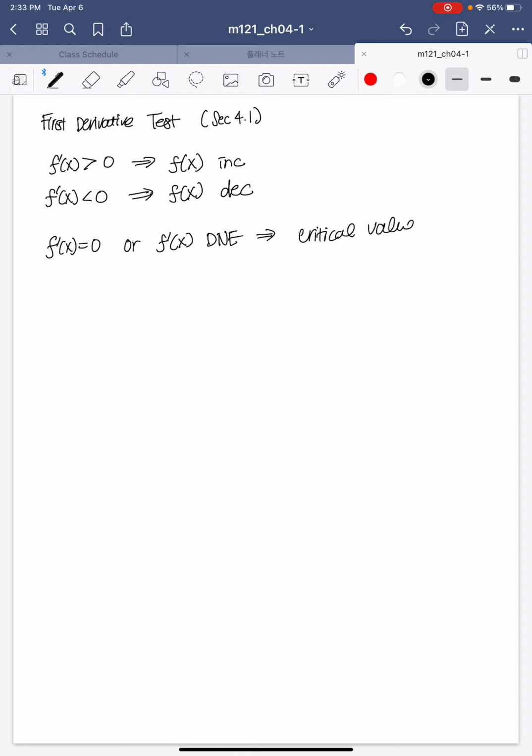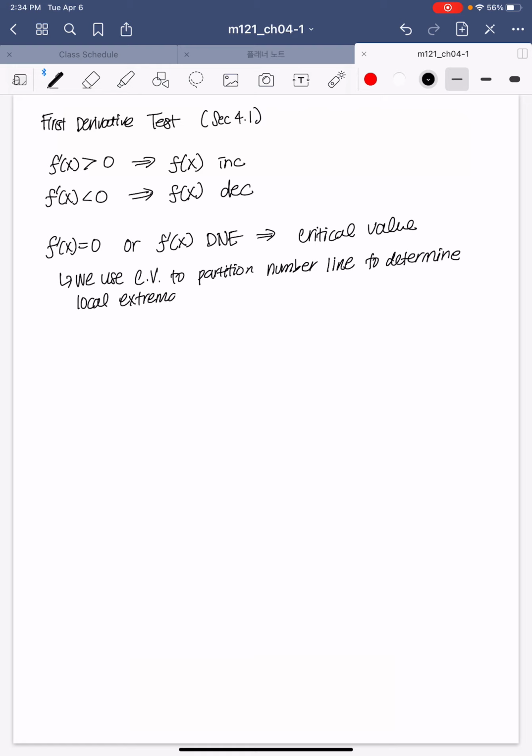Now, we use the critical value to partition the number line, remember? And then we use the test number to see which interval is positive and negative, right? To determine local extrema.